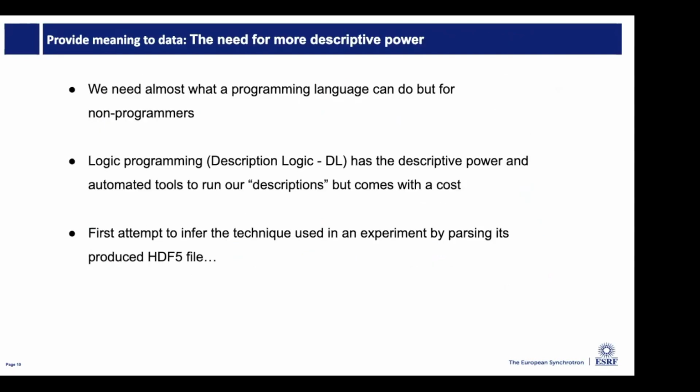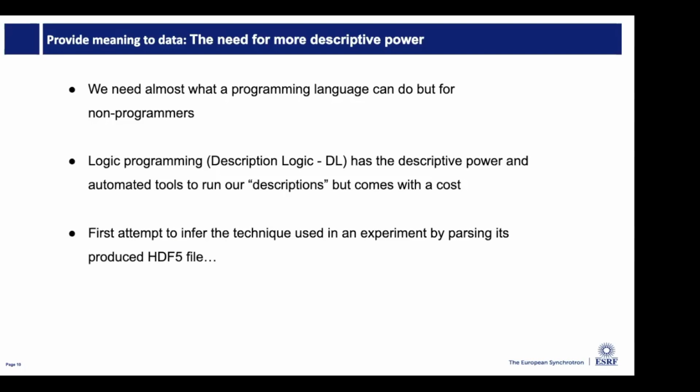So what we actually did is we were trying to find a way to describe what we want, because data have to speak on their own. And for that to happen, they should have meaning, and ontologies are a way to give meaning to data. We will see how this can be done later, but it all boils down to one thing.